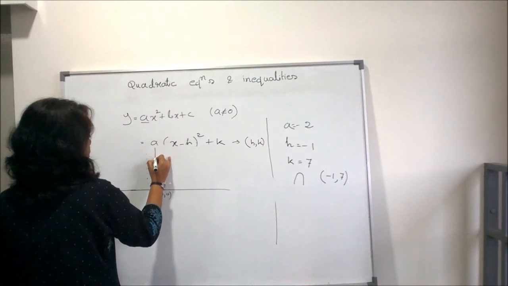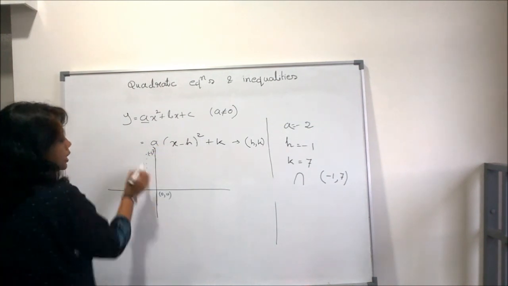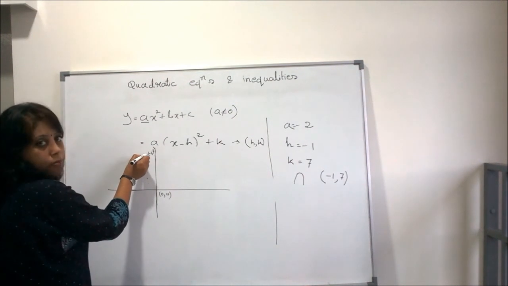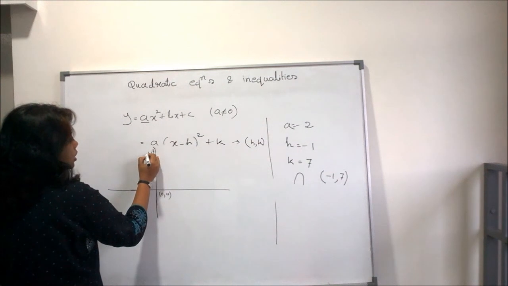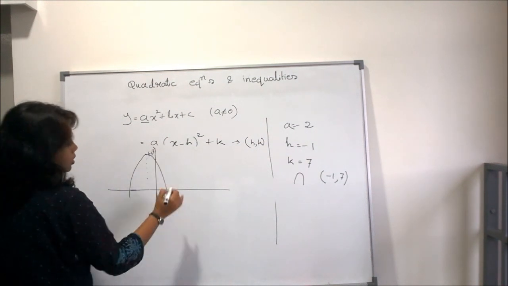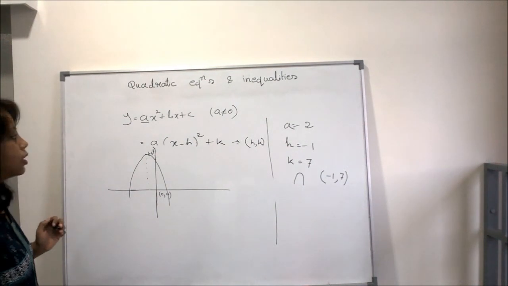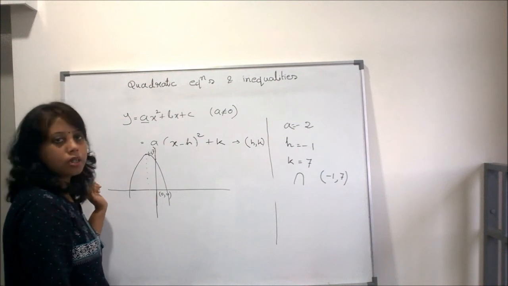Like in that point, this is our (minus 1, 7). So at that point, the maximum point of the curve will exist. So here the graph will be like this. Okay. So this is the approximate figure of our graph.